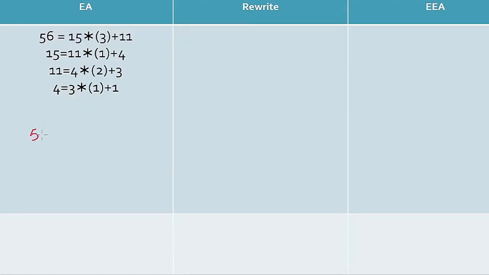Okay, so our goal is to find the two numbers S and T such that 56 times S plus 15 times T will be equal to 1, which is the GCD. So we first just do the regular Euclidean algorithm, then we need to rewrite it. We just take all of these to the other side of the equation. So automatically when we take this to the other side, the signs will change.